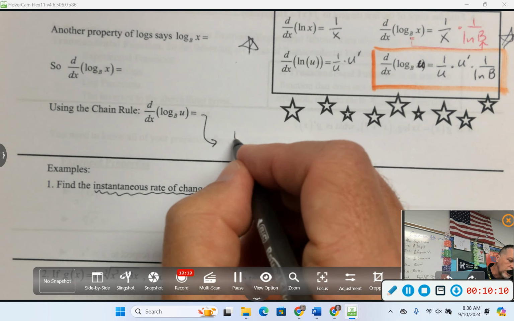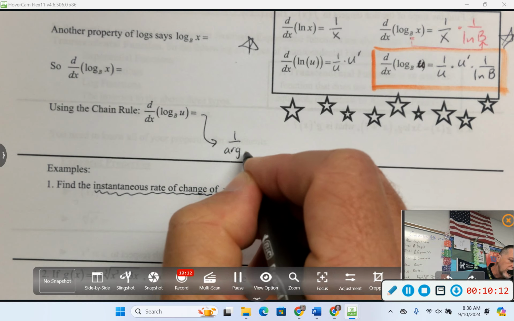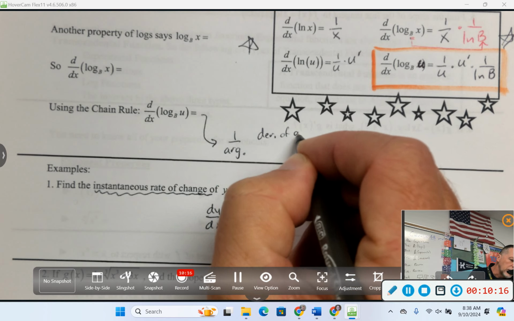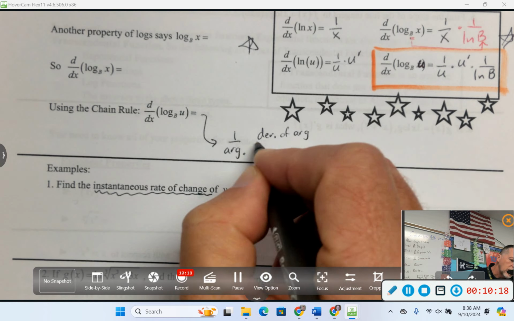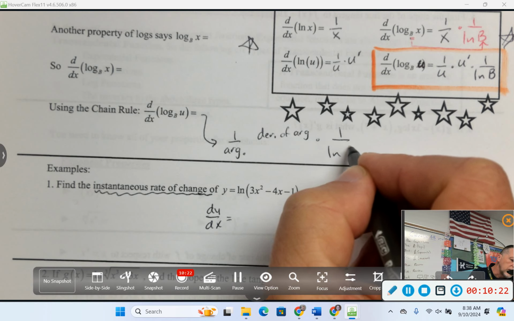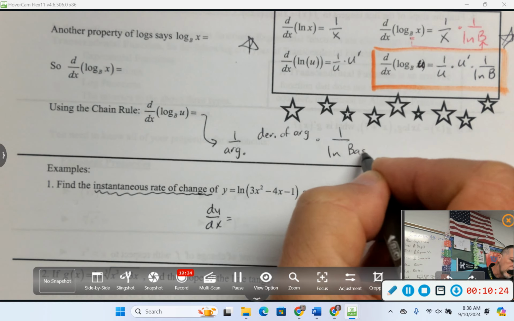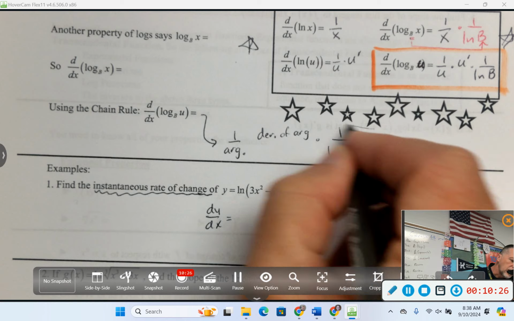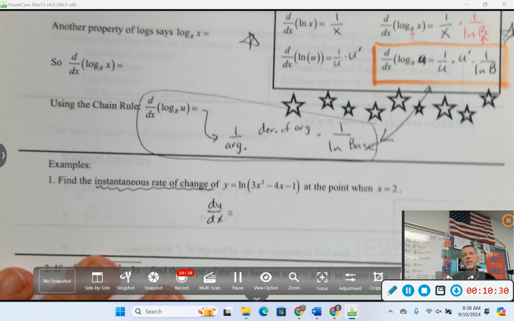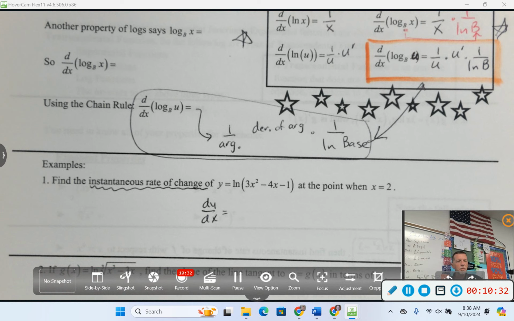Using the chain rule, 1 over the argument times the derivative of the argument times 1 over natural log of the base. That's the same thing as the orange box there, but some people, it helps them to see the words rather than the symbols.